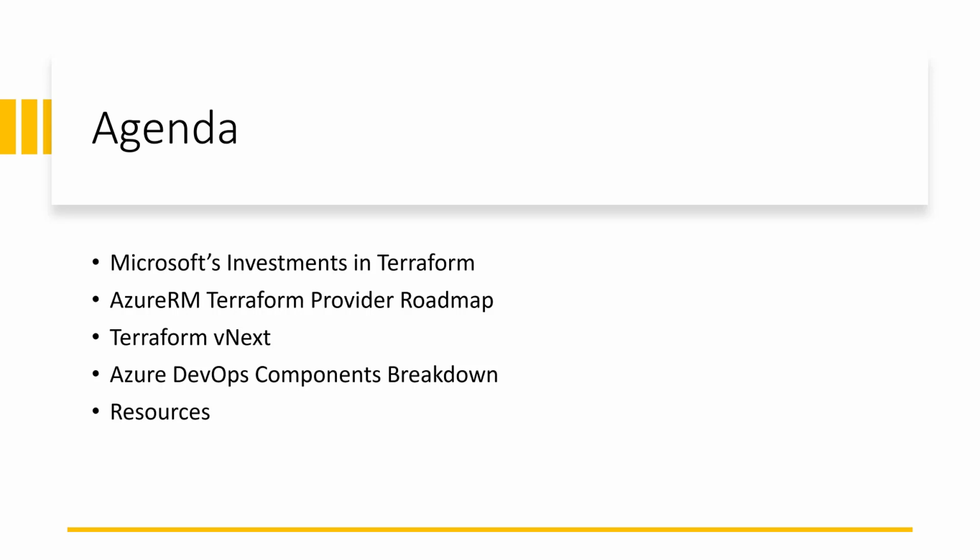We're also going to talk briefly about the next version of Terraform so that you're in the loop and know what's coming down the pipe so you can prepare for your projects and your future-proof coding. And then we're going to talk about the various Azure DevOps components, what we can't deploy, and actually see that in action. And then finally, we're going to wrap up with some resources that will be valuable for you in your learning adventures. So let's begin.